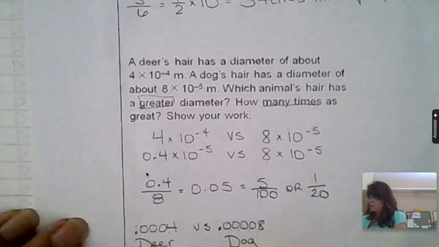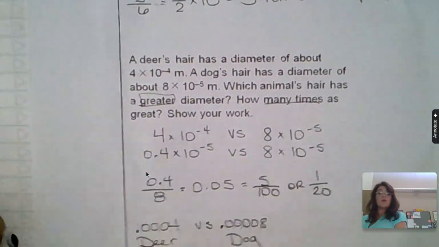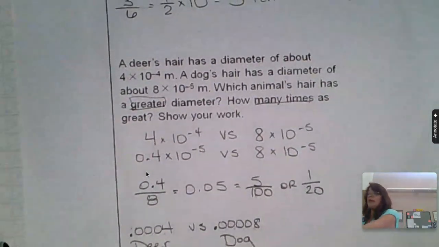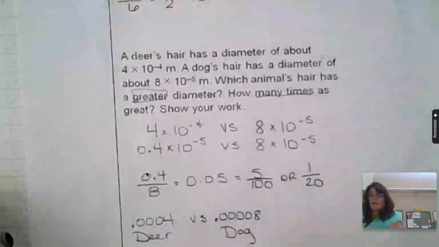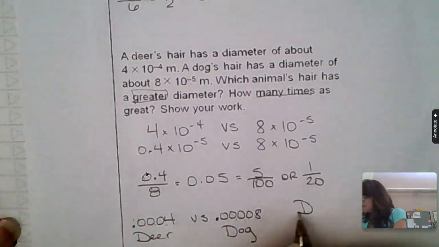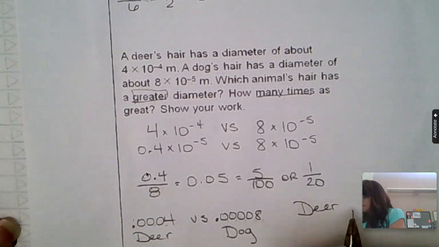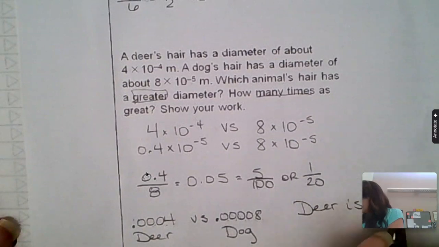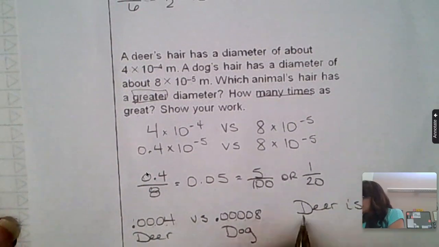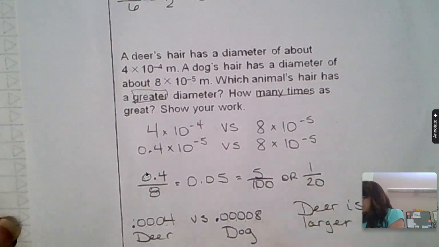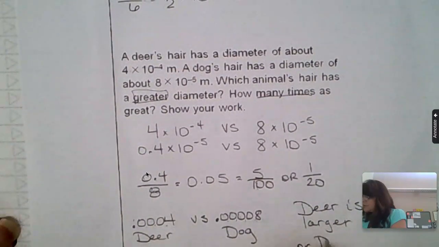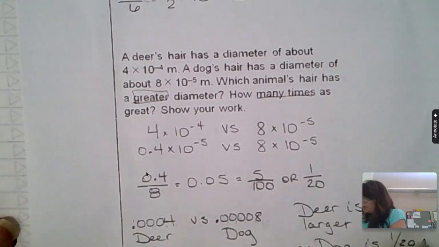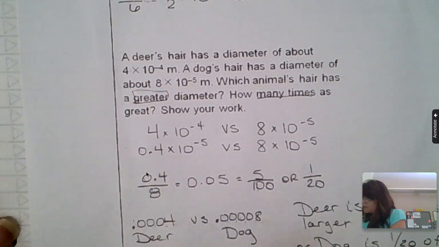That's dog. Okay, so your deer hair, which makes a lot of sense because your deer are living outside. Okay, deer is 20 times larger, or dog is 1/20th of deer.